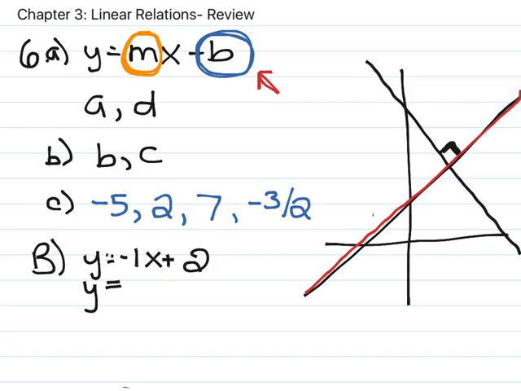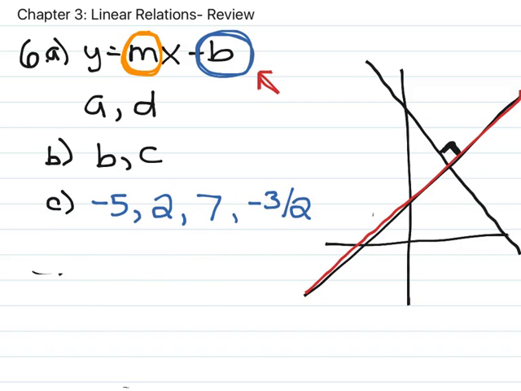So negative 1x is essentially what's there, which is the same as saying 1 over 1. So rewriting that isn't necessary. You just have to flip the sign. It was negative, so now it's going to be positive, and then the b value can be anything, positive or negative, depending on where it's going to be crossing.